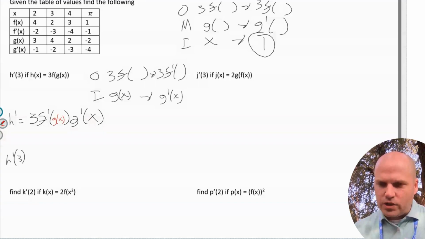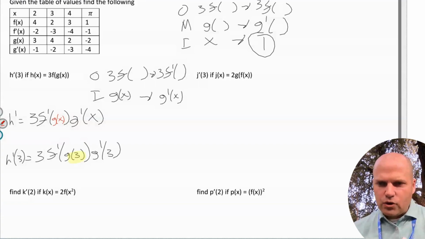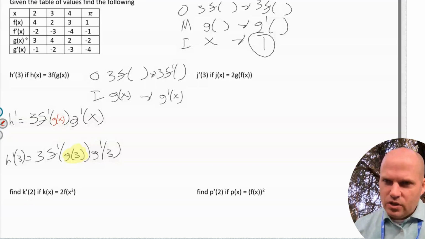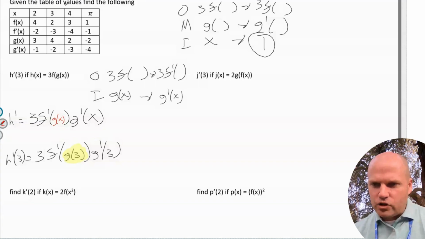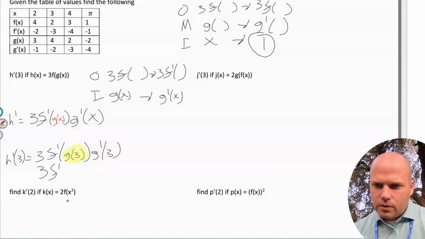Okay, what starts in the parentheses stays in the parentheses, and this is where it gets fun, because if I ask you what's h prime of 3, you have to do 3f prime of g of 3 times g prime of 3. This is where we don't do products. It's a composition. We have to find one piece to find the other piece. g of 3 is 4, so we have 3 f prime of 4.